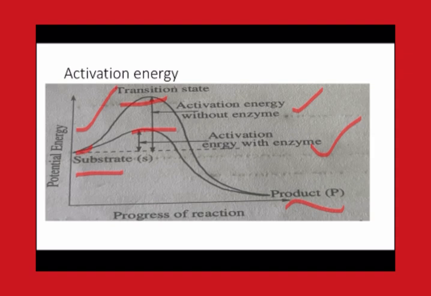And to convert the substrate to the product at the lower energy level, they do not need any additional energy, because this is an exothermic reaction, which does not need extra energy.